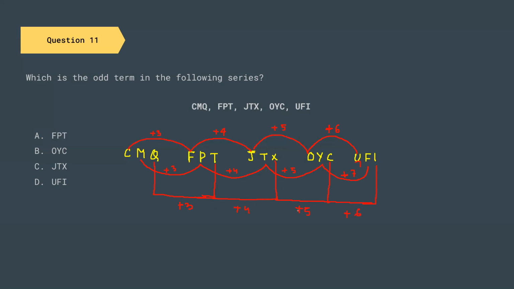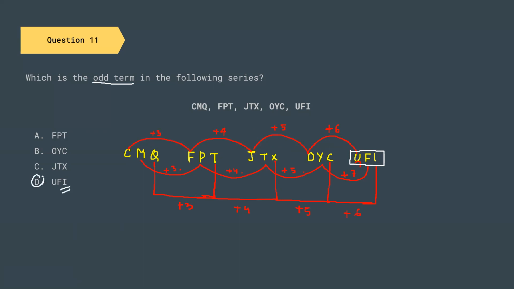This is plus 3, plus 4, plus 5, plus 6. And for the first letter as well, this is plus 3, plus 4, plus 5, and plus 6. But for the middle letter, it is plus 3, plus 4, plus 5, and suddenly it is plus 7. So UFI doesn't seem right and does not fit in this particular situation. So the correct result, or the odd term out of these 5 terms, is UFI.